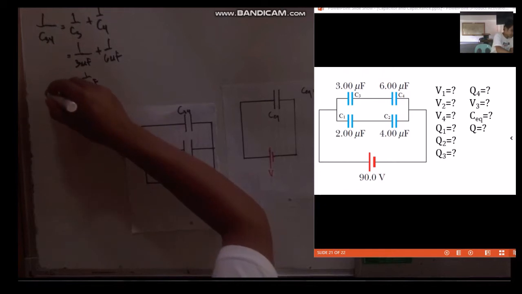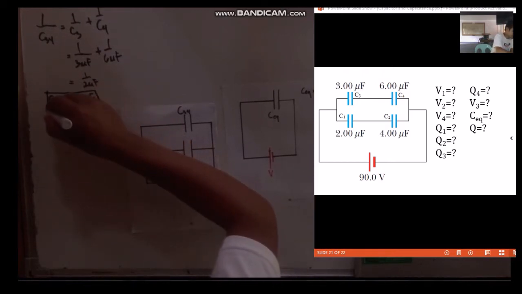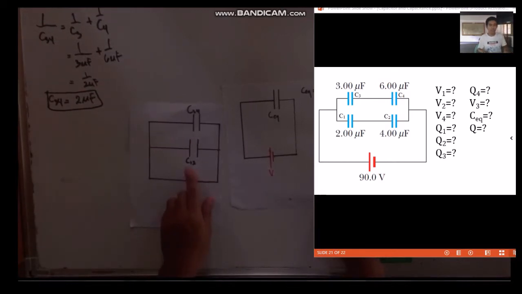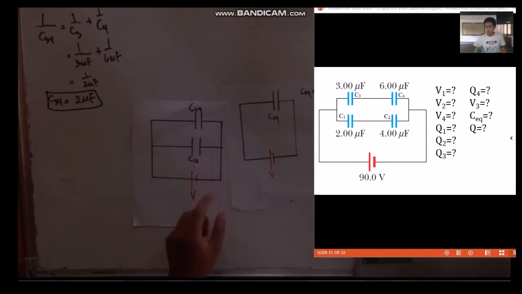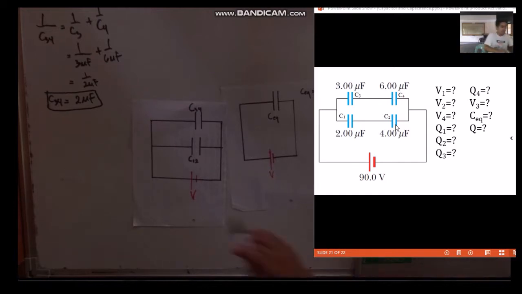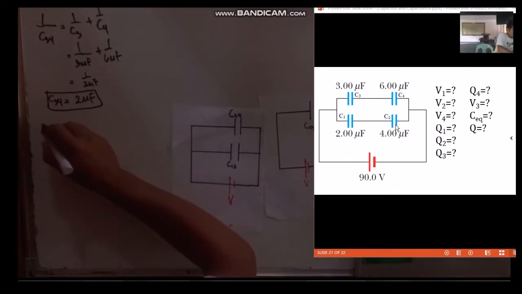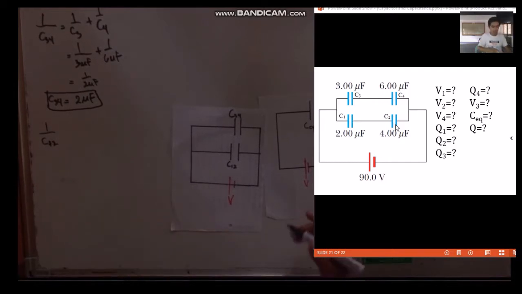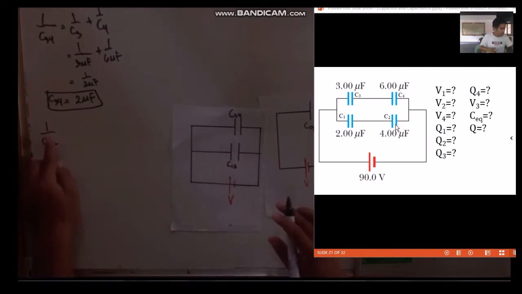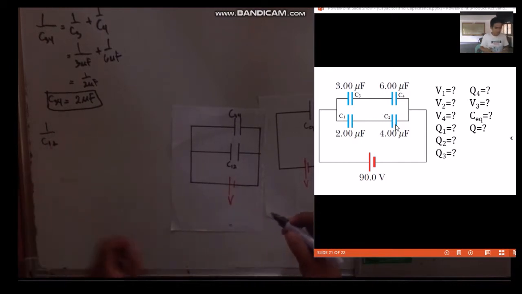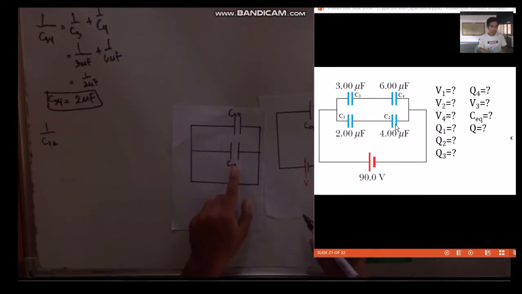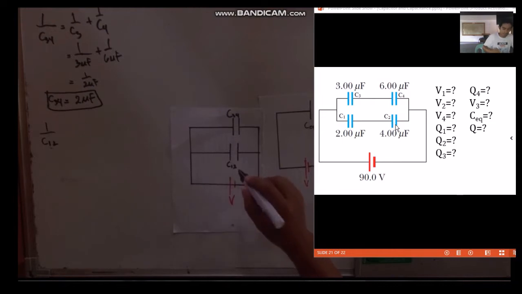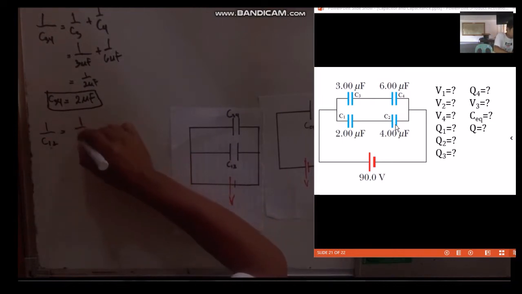Next is C12. Capacitor 1 and capacitor 2 are connected in series. Then we have 1 over C12, since these two capacitors are connected in series, so the equivalent capacitance of C12 must be equal to 1 over C1 plus 1 over C2.